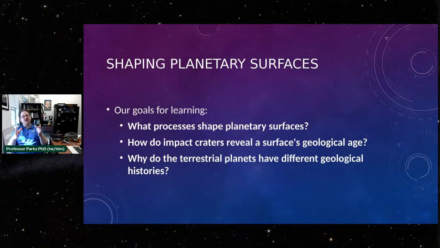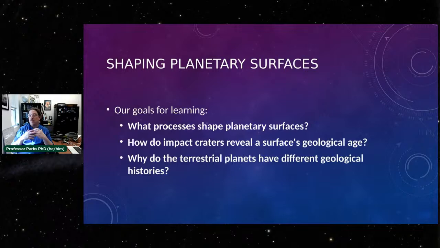Also, we can use these same surface features to determine the geologic age of the planet. More specifically, I'll be talking about impact craters, but really all of these apply. You can think of the frequency of all of these different phenomena as playing a role in figuring out what the geologic age is.